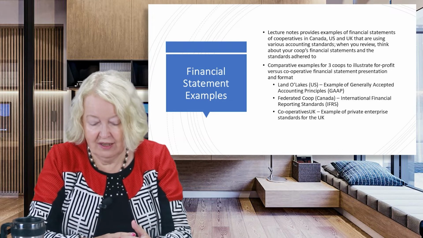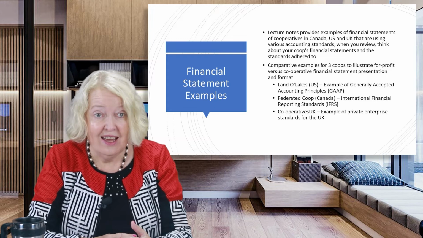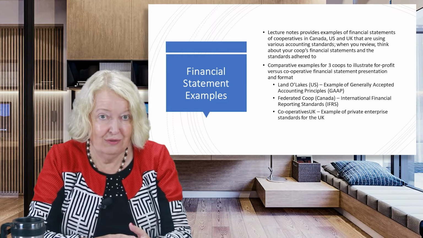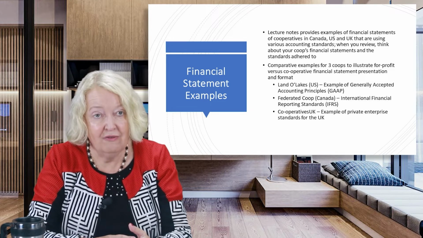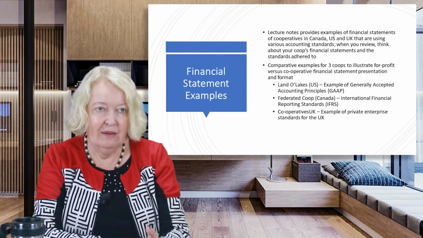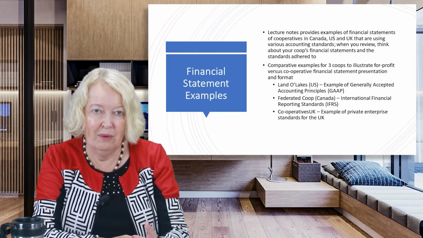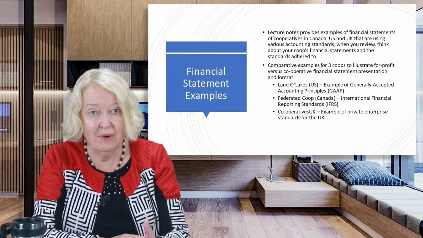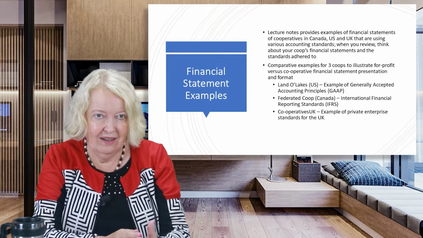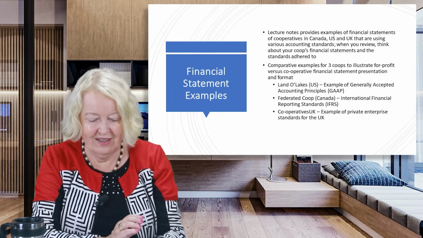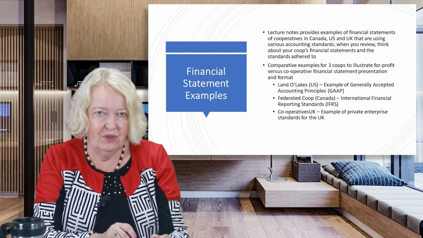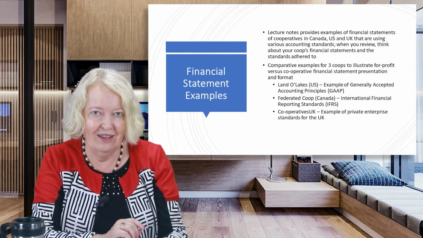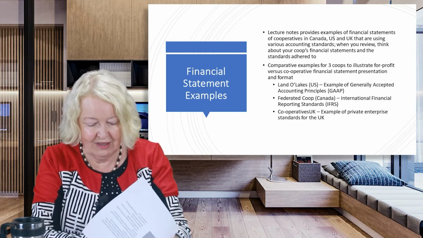I'm using Federated Co-op in Canada, and they're using International Financial Reporting Standards. And then finally, in the UK, I'm using the industry association Cooperatives UK, and they're using the private enterprise standards that have been established for UK organizations. So you'll see the comparative analysis that I've done here in the examples in the lecture notes.